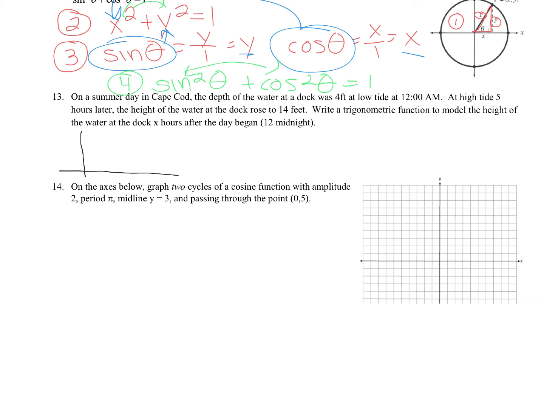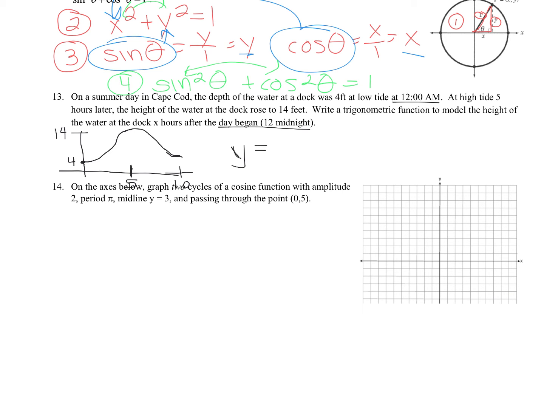So 12 a.m. is midnight. It's starting at 4. At 5 a.m., so 5 hours later, it's going to go up to 14. So this is a 4, that's a 14, and that means at 10, it's going to come back to its starting spot. So first off, we see that this is a negative cosine graph.